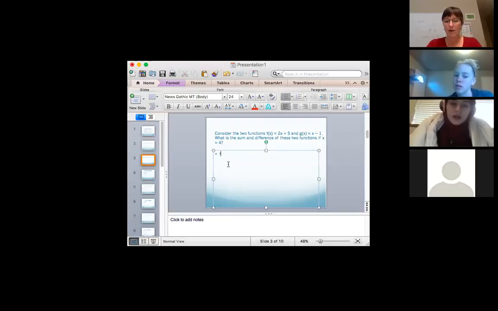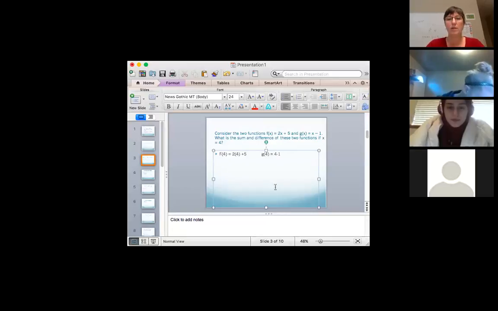Yeah, so when we retype this, we're going to replace the x with 4. So f of x becomes 2 times 4 plus 5. And then g of x is equal to 4 minus 1.